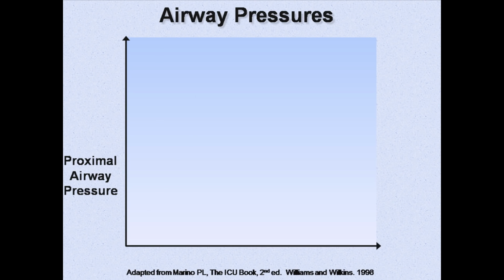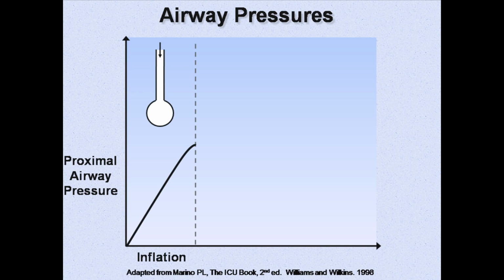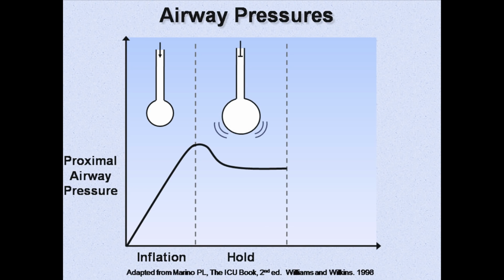First, during passive inflation of the lungs under the positive pressure of a mechanical ventilator, the proximal airway pressure increases through inspiration. If at the moment inspiration is completed, the ventilator tubing is briefly occluded, the relatively higher pressure in the airway will continue to drive a small amount of airflow into the relatively lower pressure in the alveoli.